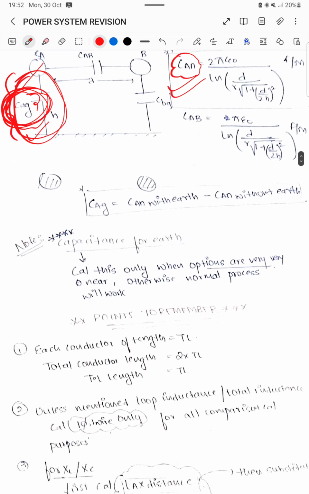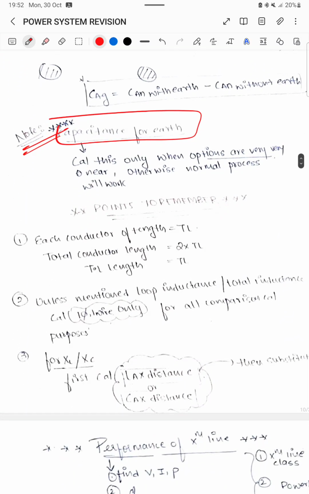Now note, this is a complex formula, so you will use it only when options are very far apart. If options are not far apart, then you can straight away do 2 pi epsilon naught upon ln d upon r. That will give you a very close answer.